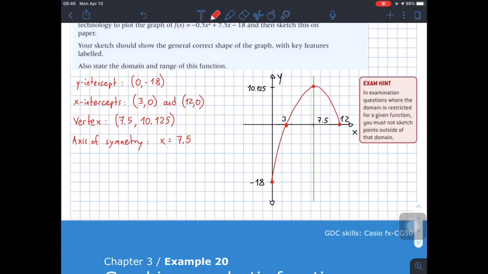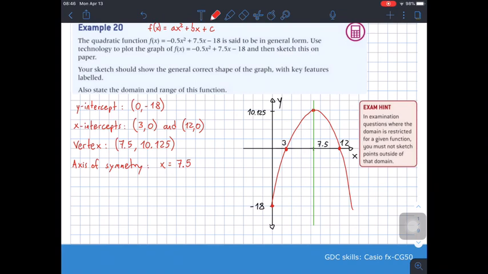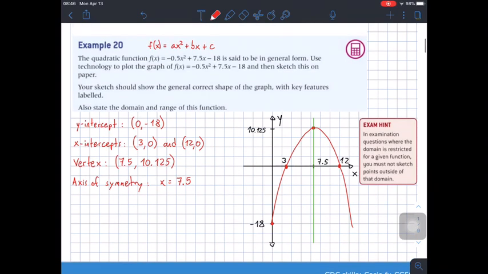If you want, you can extend this a little bit here in order to make it symmetrical with the other side, but it's not necessary. You could just leave it as it was. So this is our quick sketch of the parabola. You see that it opens downward, which is okay because the coefficient in front of the x squared is a negative number, so that's fine.